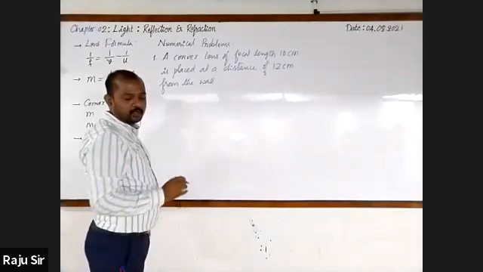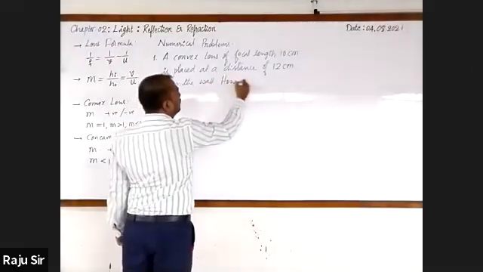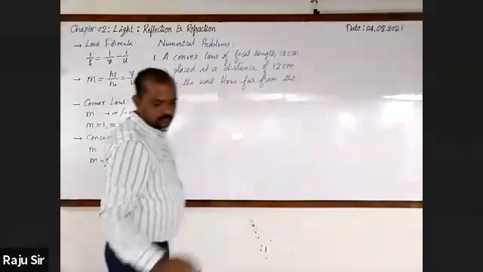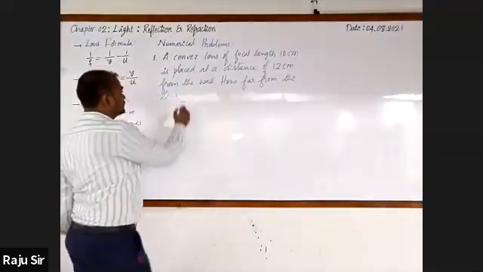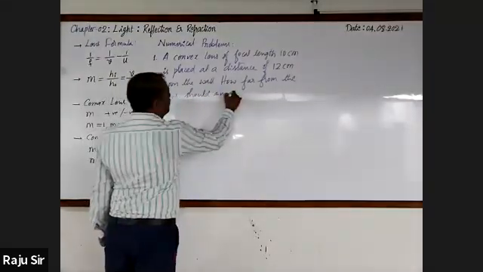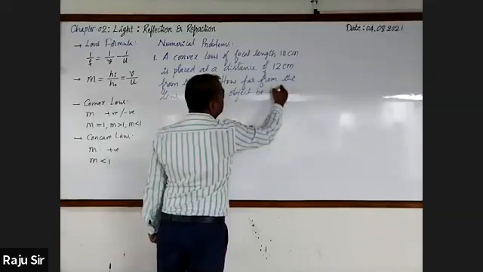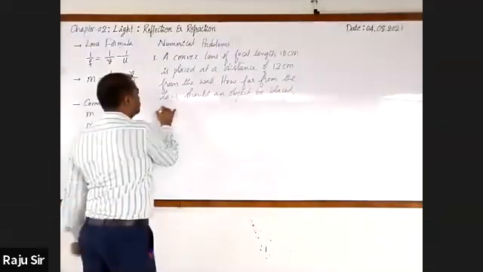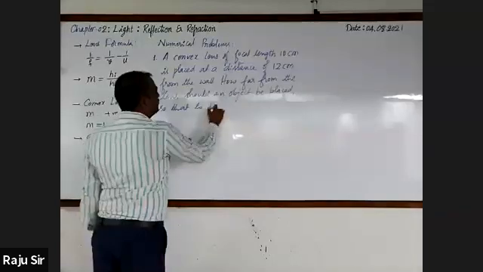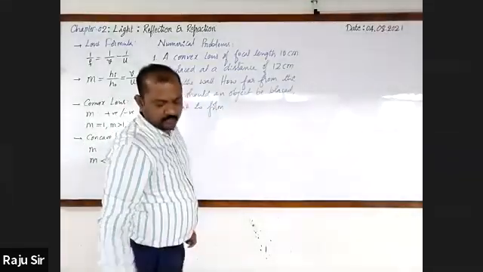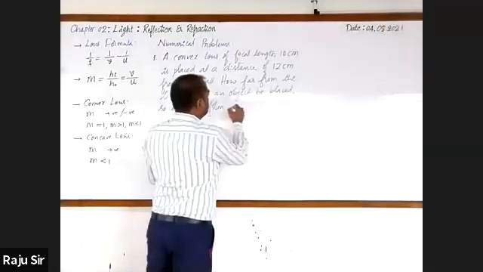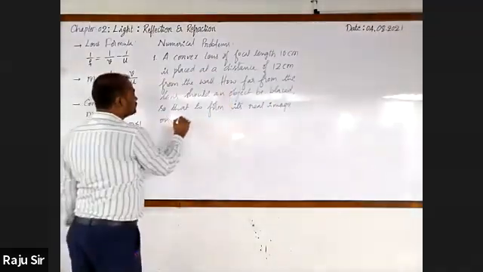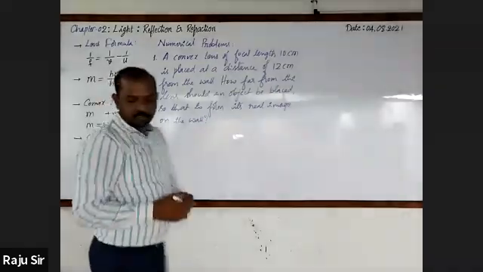Full stop. How far from the lens should an object be placed, so that it forms its real image on the wall?